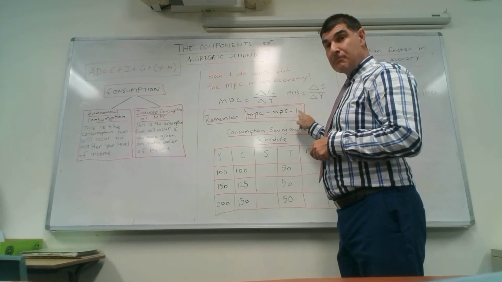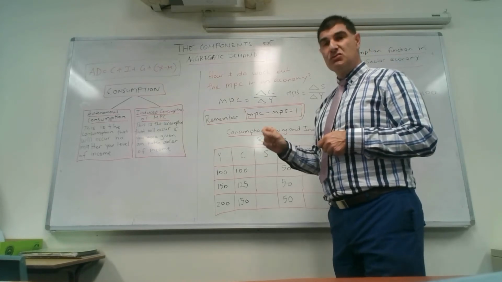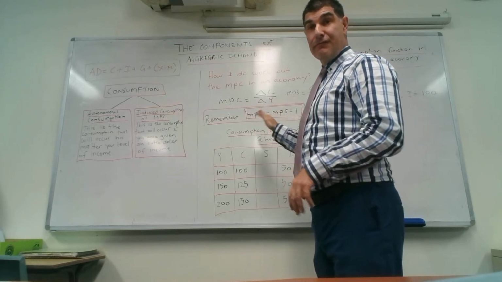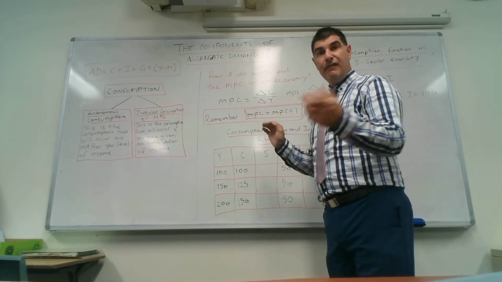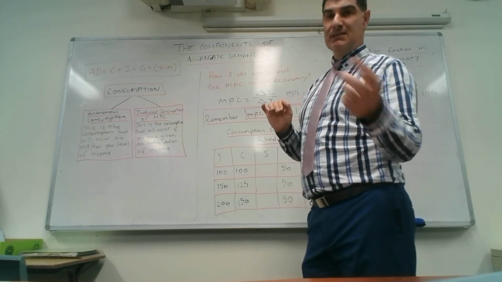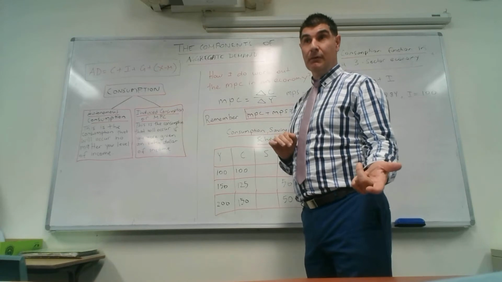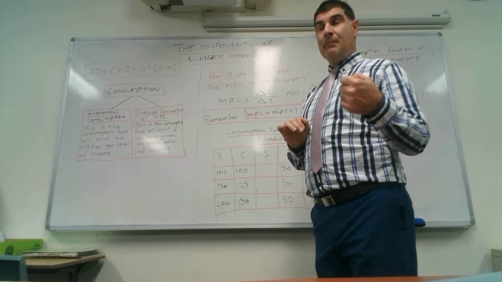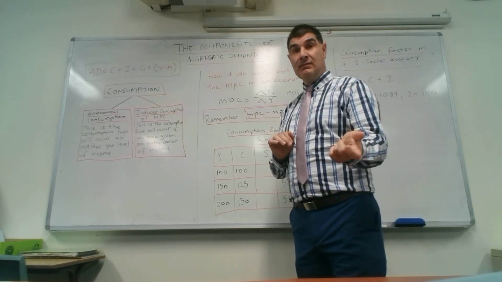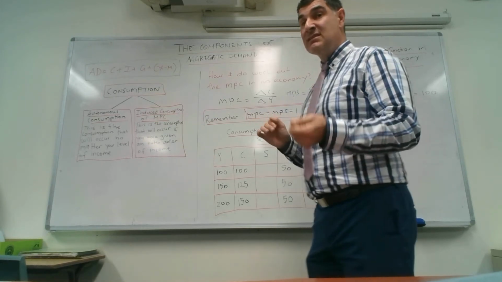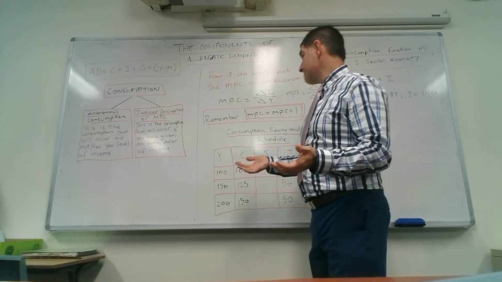Your MPC plus your MPS always equals 1. There's no deviation from that. It's absolute fact. So if you're saving 50%, your MPS is 0.5, which means your MPC is going to be 0.5 as well. If you are consuming at 0.7, that's your MPC, your MPS is going to be 0.3.